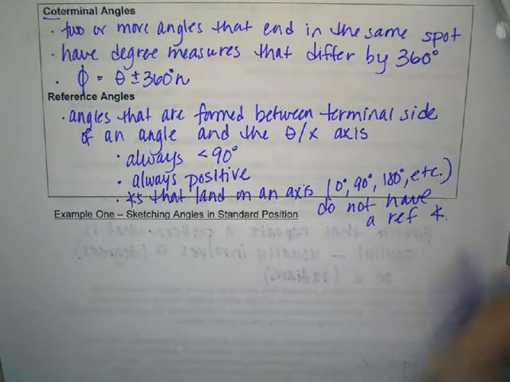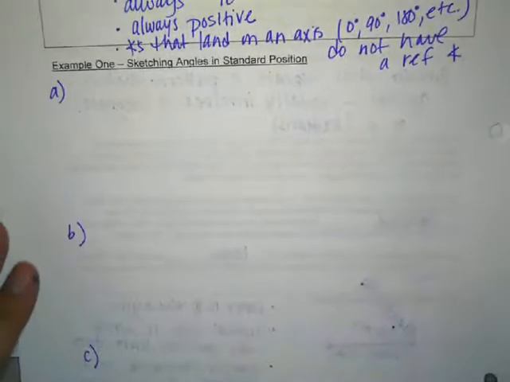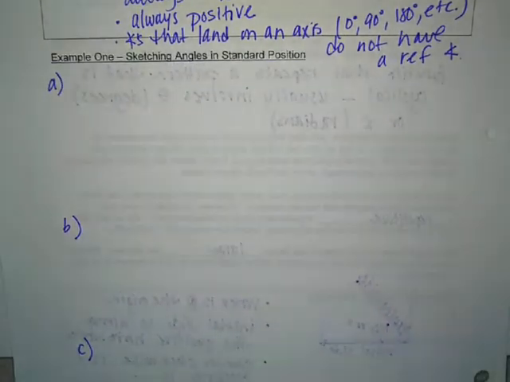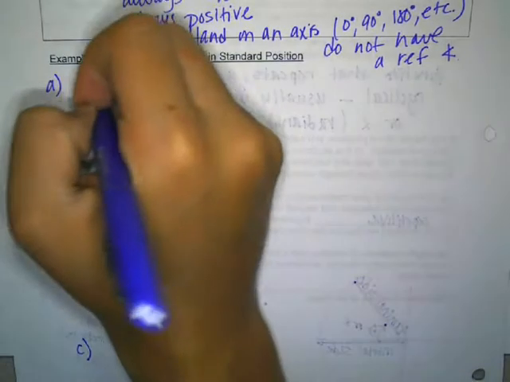Okay. I want you to make an A and a B and a C for example 1. We're going to do A and B together. And then C we'll come back to after we talk about radians. Okay, for example 1, we're going to do 3 things here.